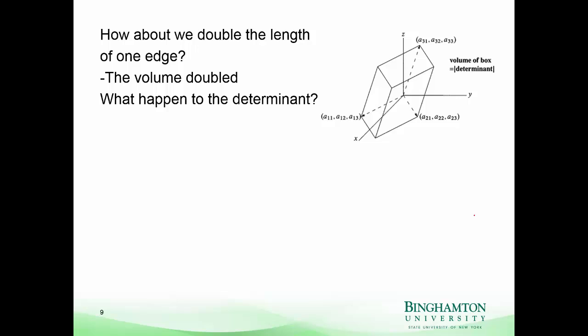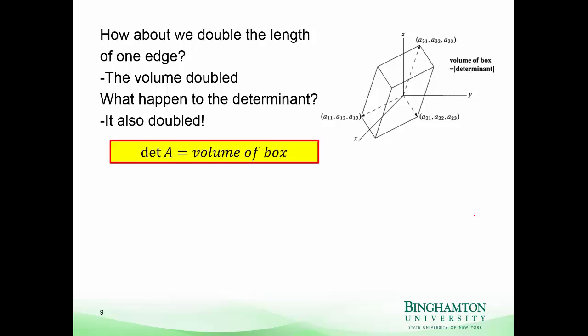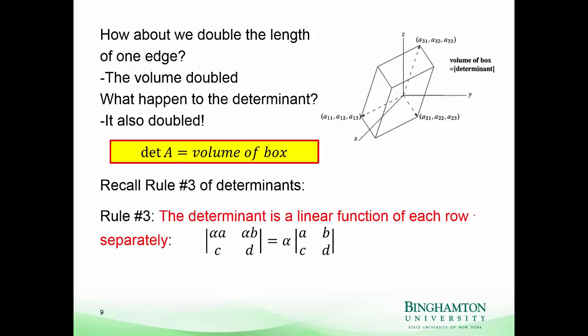Well, that's going to be one row that gets multiplied by 2, and we had the row result that said you multiply any row by 2 and you will double the determinant. So that's all consistent. So this helps us understand that the determinant of A does indeed work like the volume of a box. So again, we're not proving these things. We're just showing that once we accept these ideas, they are consistent with things that we've done before.